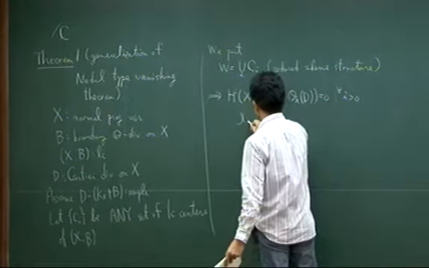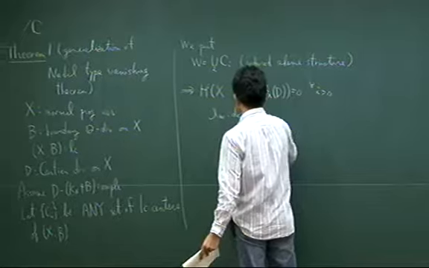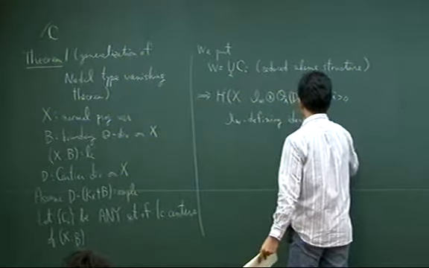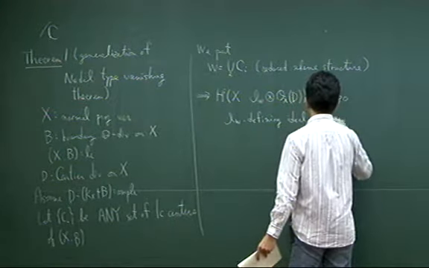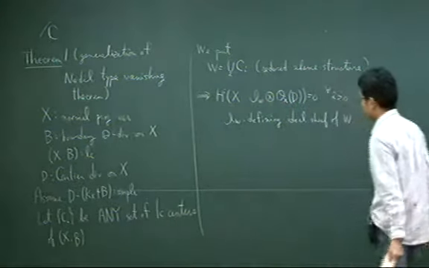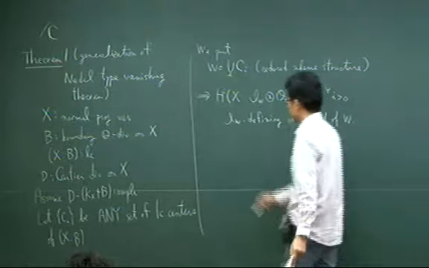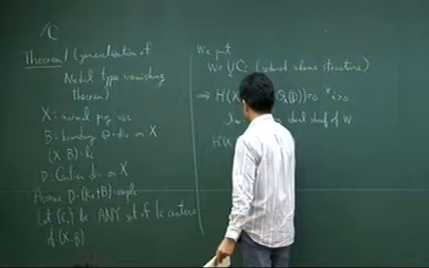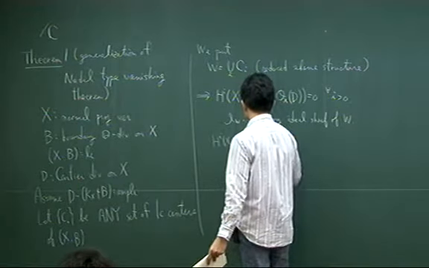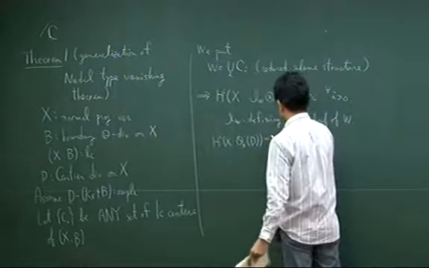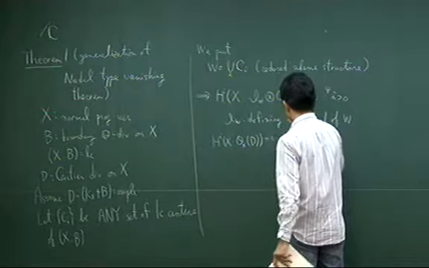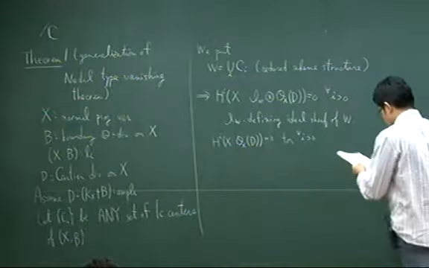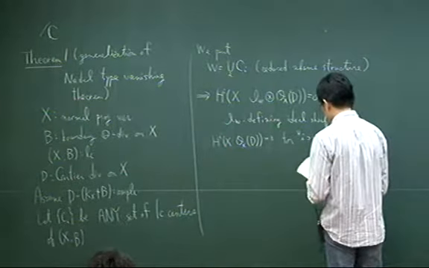I_W is the defining ideal sheaf of W. Okay, and in particular H^i(X, O_X(D)) equals 0 for any positive i.